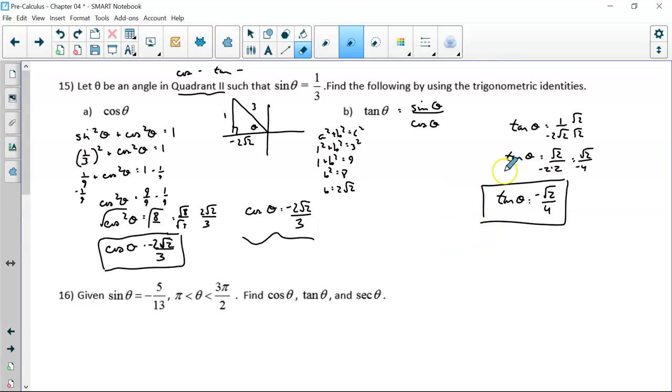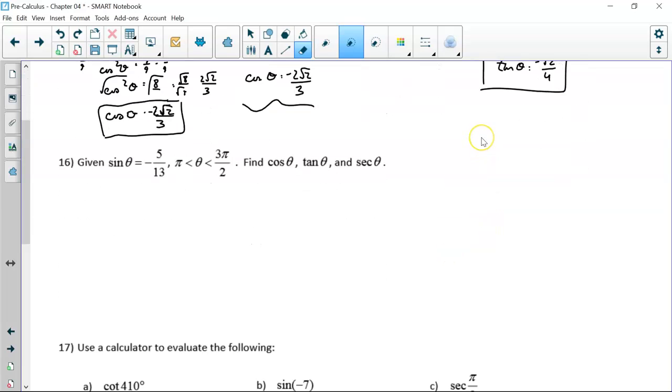Let's do another one where we're going to draw the triangle. The sine of theta is negative 5 over 13, and theta is between pi and 3 pi over 2. That's telling us we're in quadrant 3. Sine is opposite over hypotenuse, so the opposite is 5, hypotenuse is 13. Now, we're in quadrant 3, so my y-coordinate's also negative.